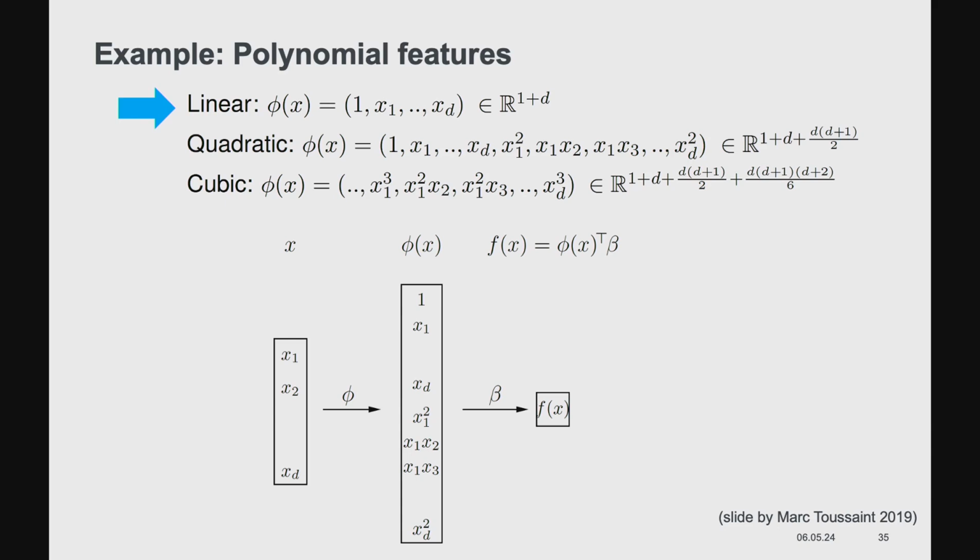First, let me show you how this could look practically. For example, here I have my original input, and remember the original input is also like a phi of x. It just has this one and then all the different inputs here. This is my linear feature vector. Now I could have a quadratic vector which would have the 1 and the x1 and all these components, but it would also include an x1 square. It would also include an xd square, and it would include all the multiplications of the different components.